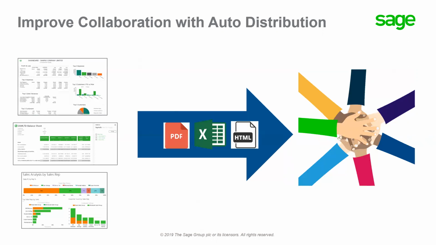Enable it so that it's just the information they need to see and not anyone else's. You can send them as a PDF, an Excel file, even an HTML. So if you need it on a website, send it to OneDrive, to a server, wherever your individual employees need to view this data.